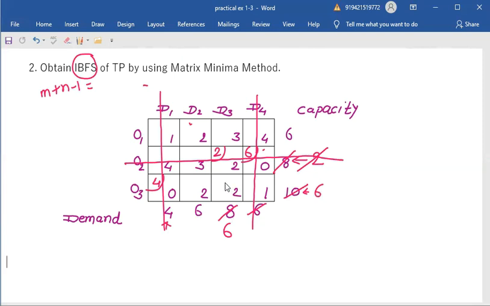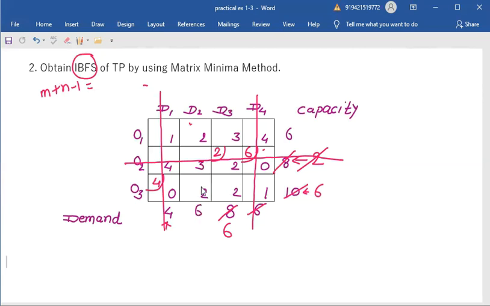So now let us use this cell. Here also, what happened? The requirement is 6 and the available quantity is also 6. So here also, when we use this cell, at a time the requirement is satisfied and supply exhausted. So in all three cells, the situation is the same.